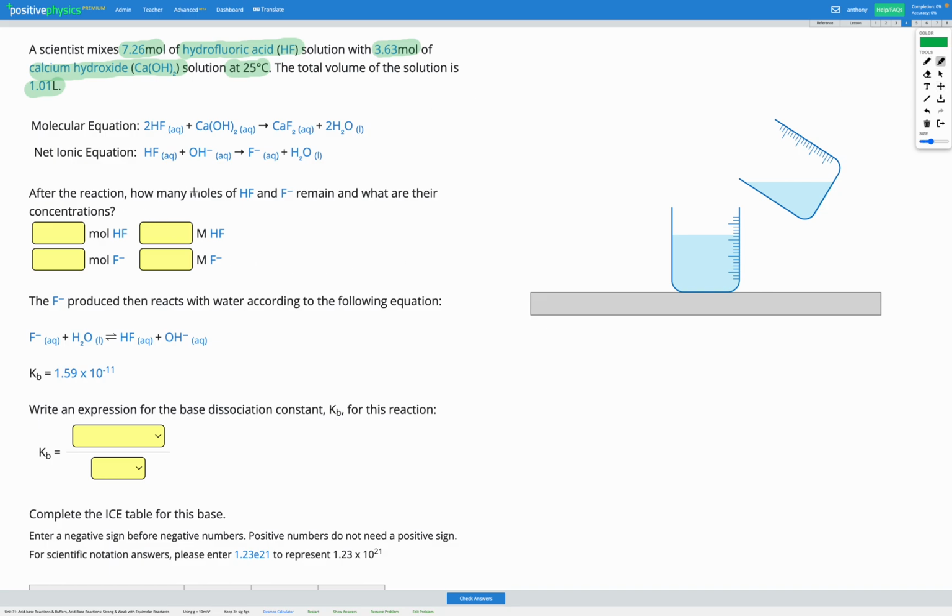Our first step is figuring out how many moles of our weak acid and its conjugate base will remain after the reaction happens. So we started out with 7.26 moles of HF and 3.63 moles of calcium hydroxide. We can see in the equation we have 2 moles of HF reacting with 1 mole of calcium hydroxide.